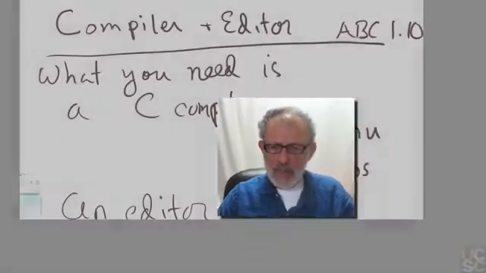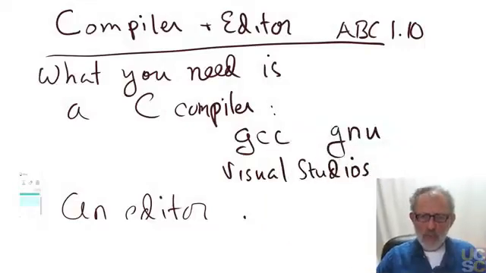We need to talk about the tools you'll need to learn C programming. The basic tools you'll need, whatever your operating system, are a C compiler and an editor. The simpler editor is better, a plain text editor.